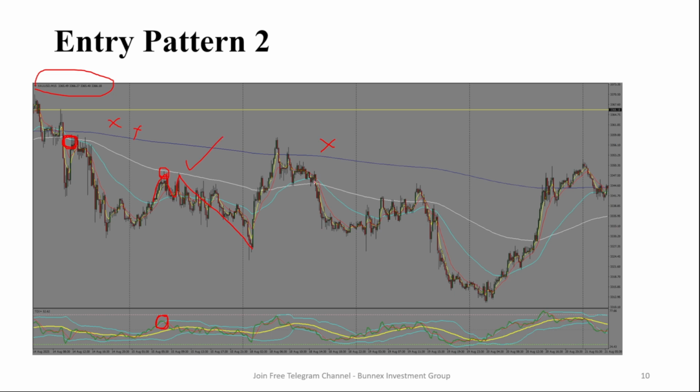Which was actually a good setup. Then here we can see another crossover was issued right below the 800, and we can see this being the first leg and this being the first leg level. Here we could have entered, or there were several retests.